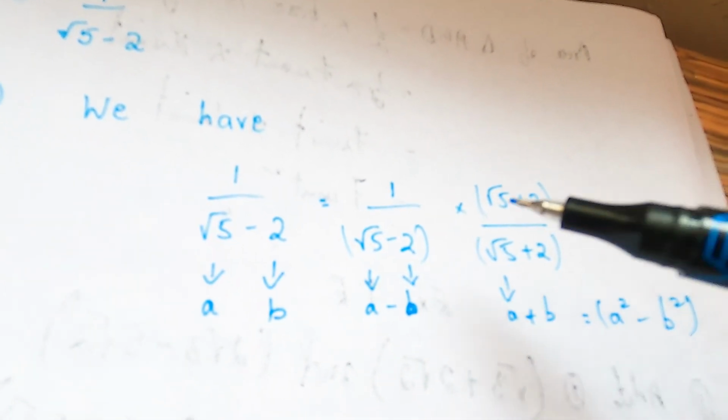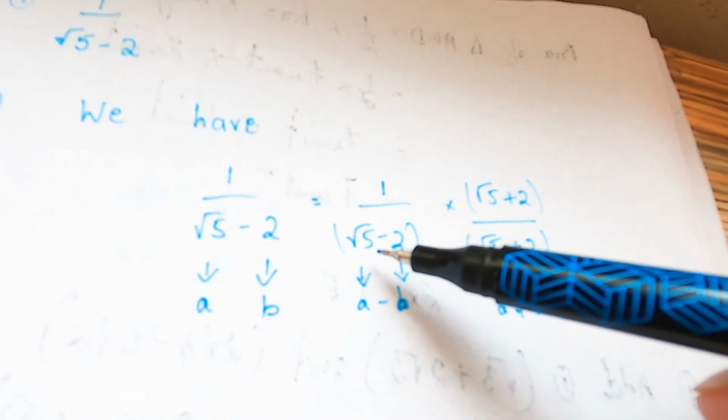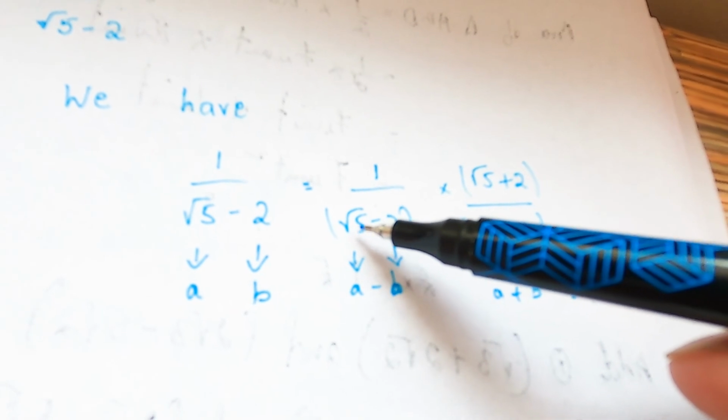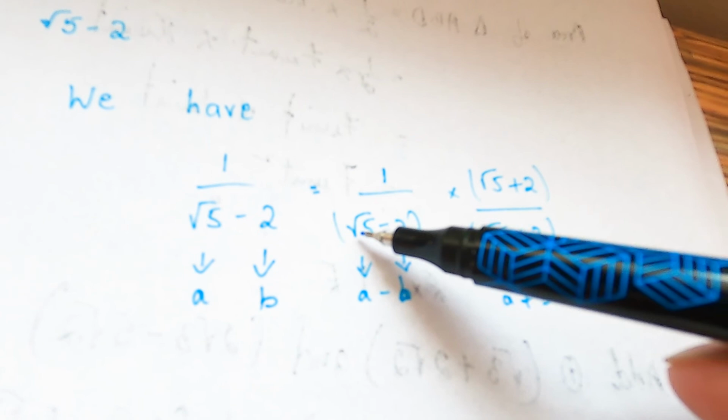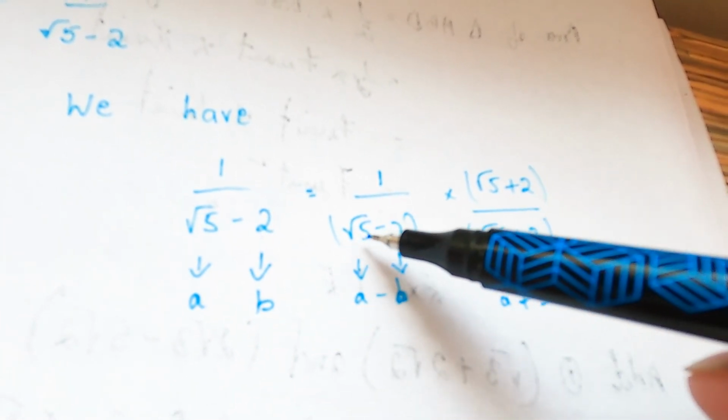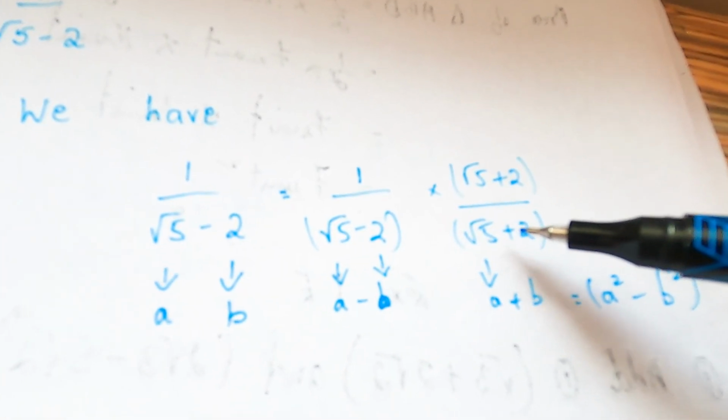So that we will convert it into this identity. When we want to rationalize, we will use root 5 and 2, the same numbers except for the sign.